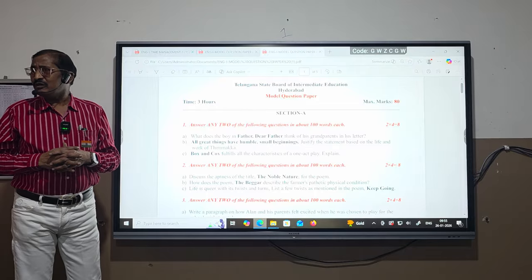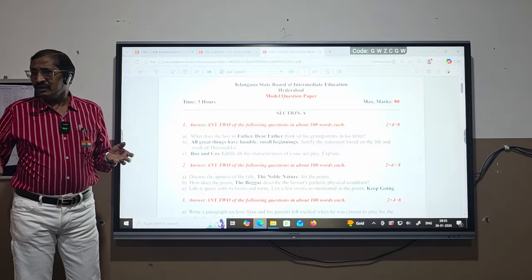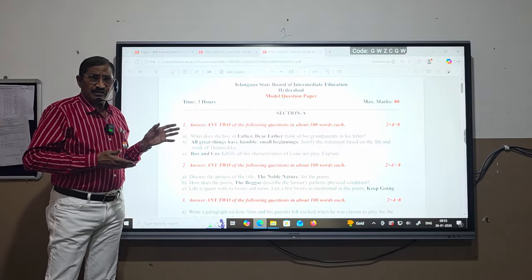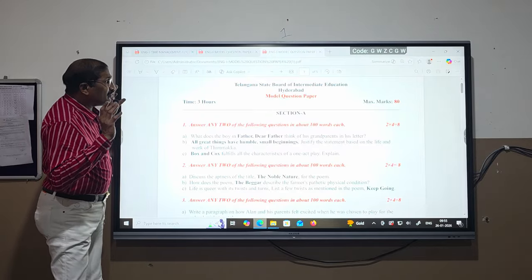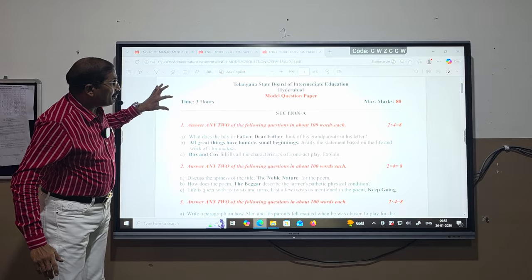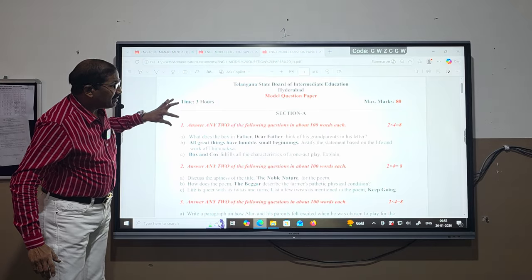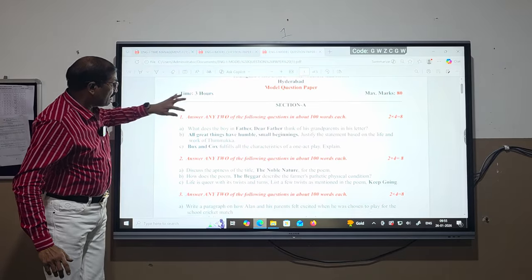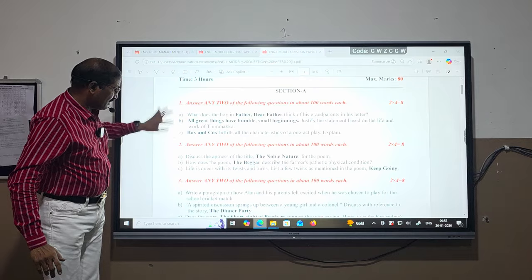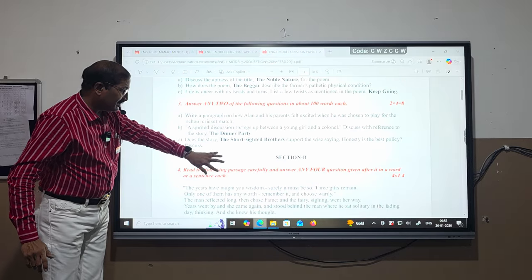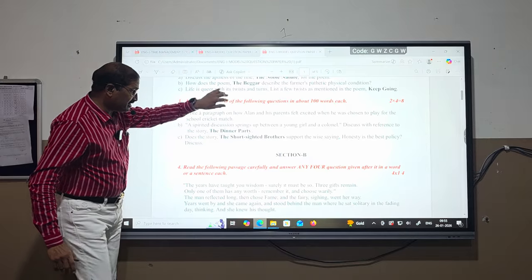Most of you have many confusions, and to remove your confusion only I took this class. Now if you check the model paper here, it has 3 sections: Section A, Section B, and Section C.